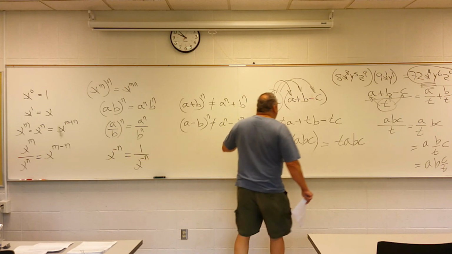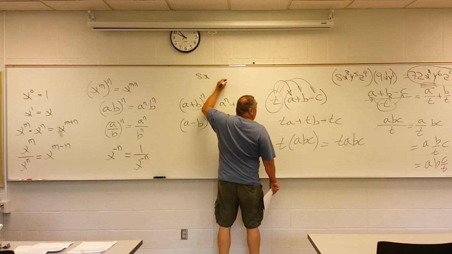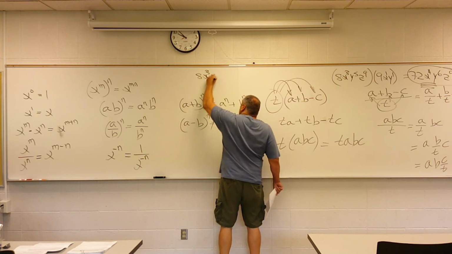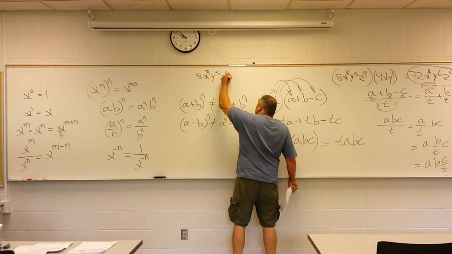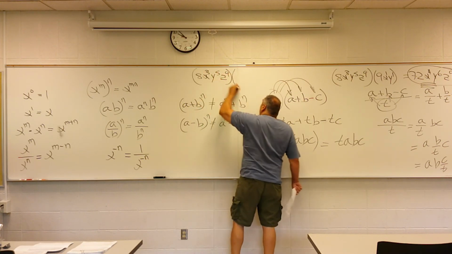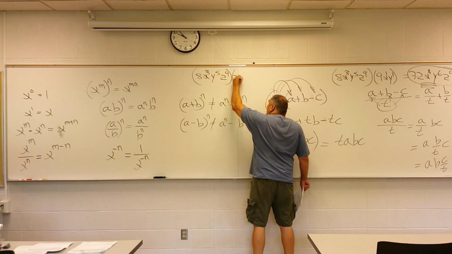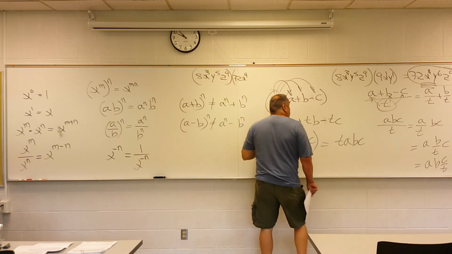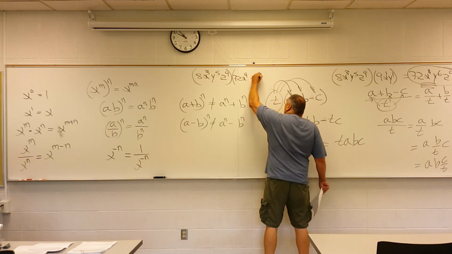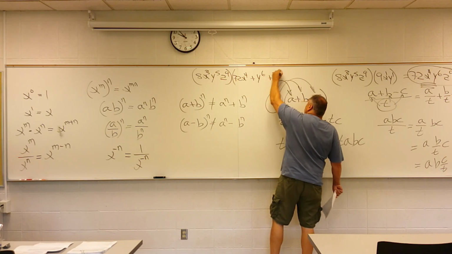It's a different dynamic if the problem would have been something like 8x to the third, y to the fifth, z to the ninth, and then you were multiplying it with 72x to the fourth plus y to the sixth plus z to the ninth.